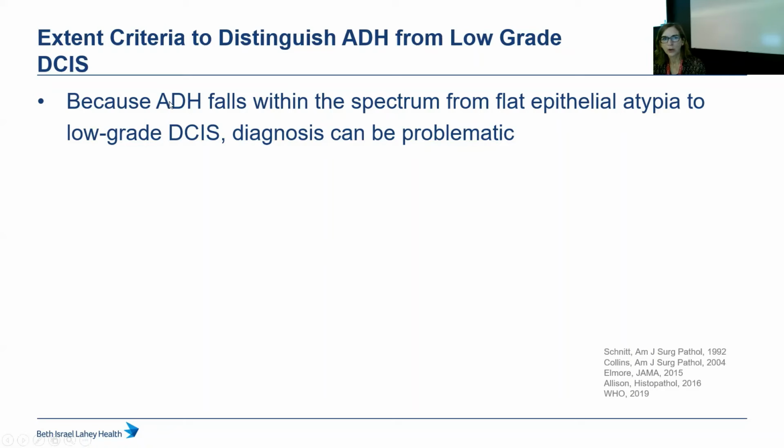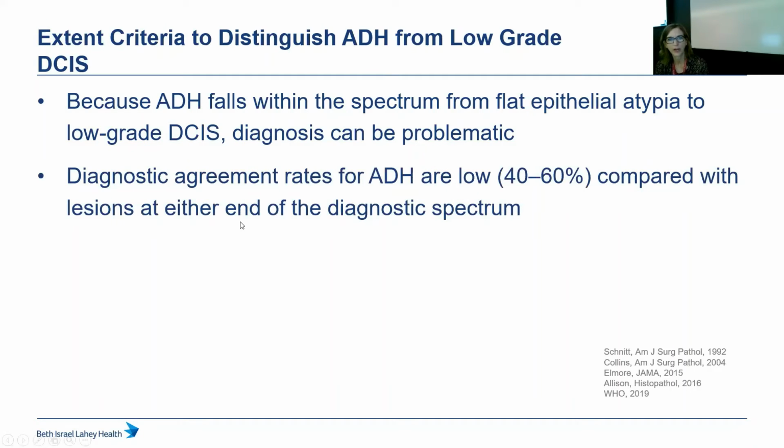And I think it's important to recognize that ADH falls on the spectrum, this spectrum from FEA through to low-grade DCIS, and often you have a lot of everything going on, right? You have FEA, you have ADH, you have low-grade DCIS, and you sort of have to decide where is what and what is where and how to agree.